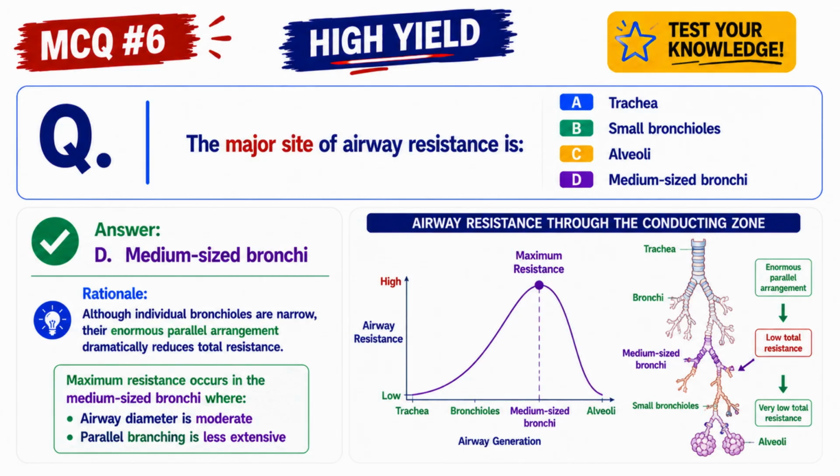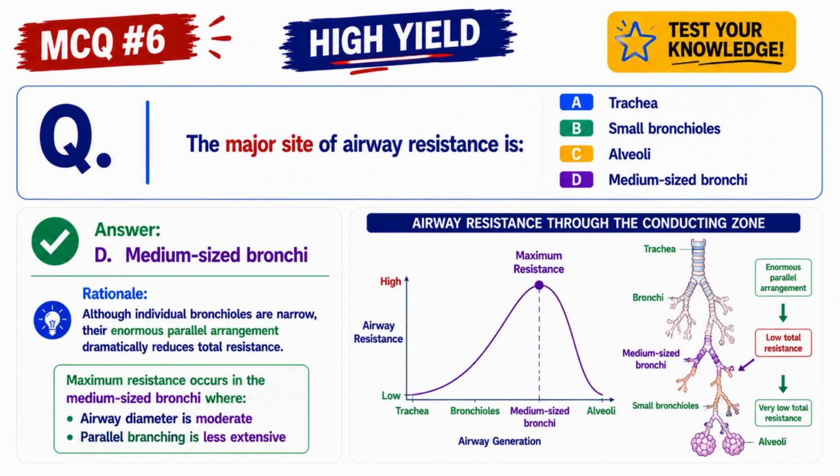The enormous number of parallel bronchioles, despite each one having high individual resistance, creates a very low total resistance at that level. Medium-sized bronchi, by contrast, are fewer in number, less parallel branching, moderate individual diameter, higher total resistance.